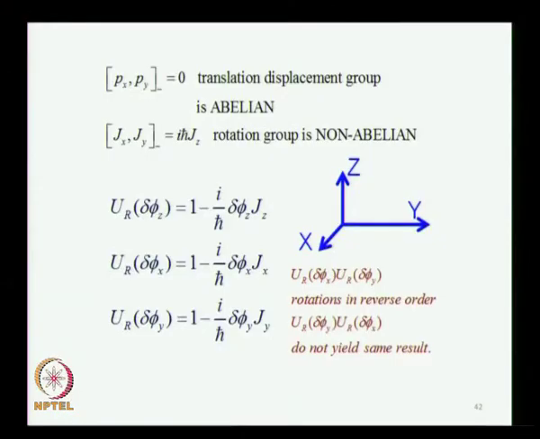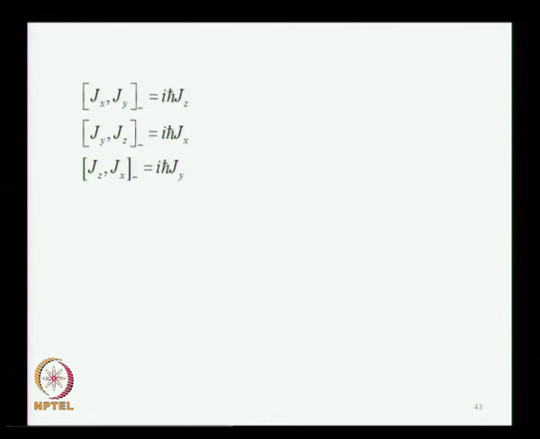So the group of the displacement operators is abelian, the one for rotations is not abelian, it is non-abelian, and essentially what you find is that the commutation relations for angular momentum automatically come out of this property that rotations about orthogonal axes through infinitesimal angles do not commute, you get a different result.